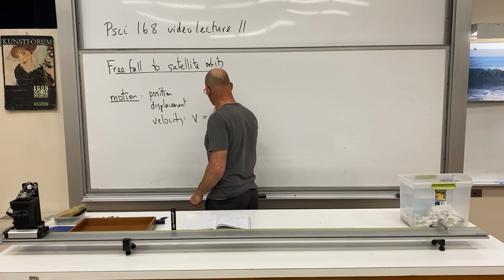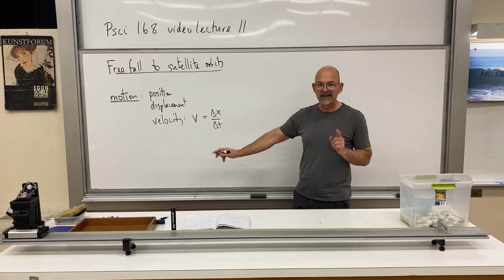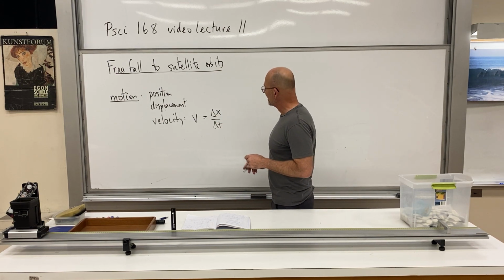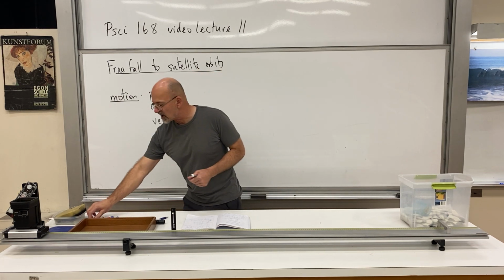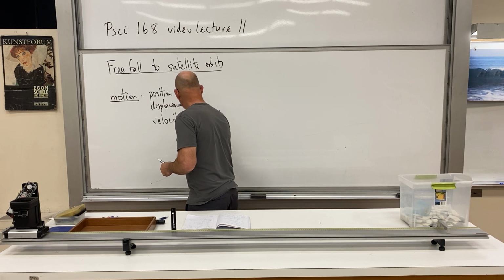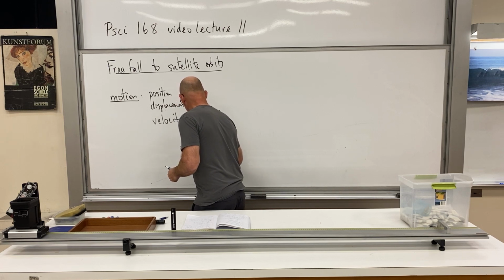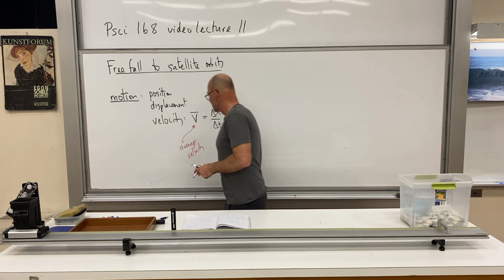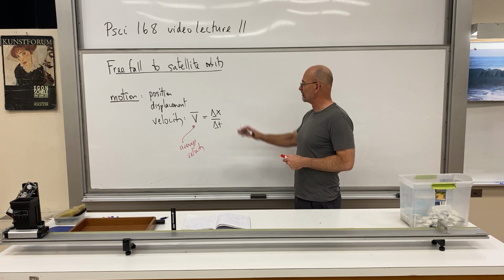V equals displacement over time. And I can call this delta t or t, it means the same thing. If I put a line up here, I'm talking about average velocity. We can use these interchangeably, it all depends. Meters per second.